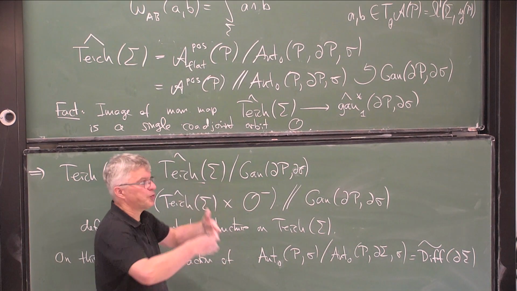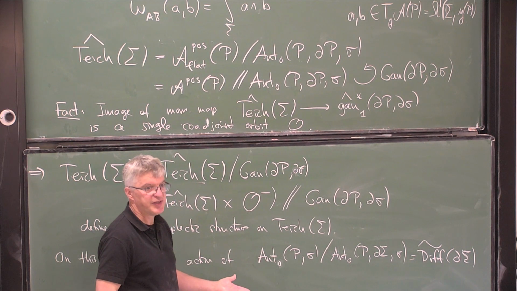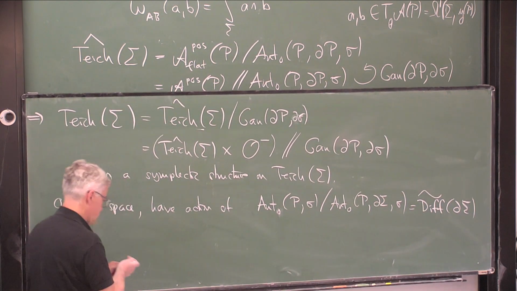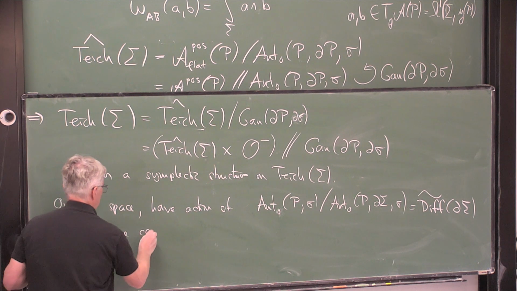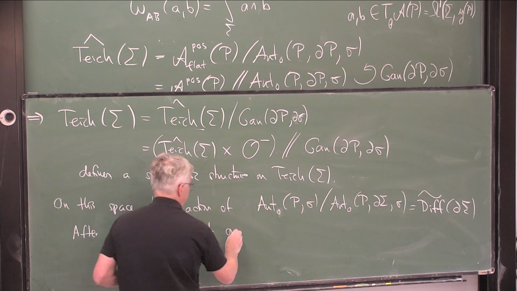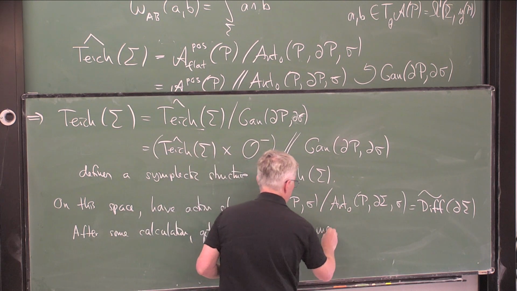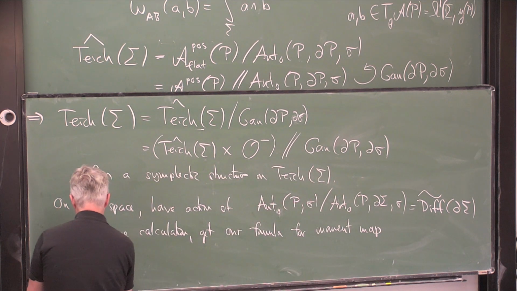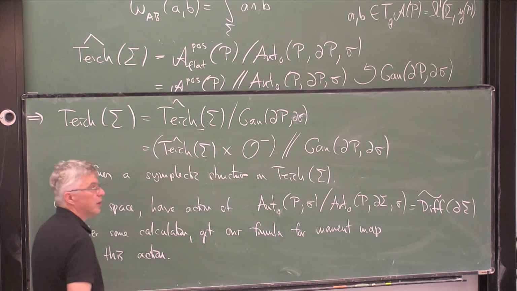So one just goes through the usual motions in symplectic geometry and calculates what the resulting moment map is. And so after some calculation, our formula for the moment map. I think that's all I wanted to say.